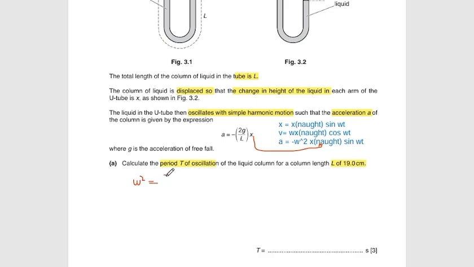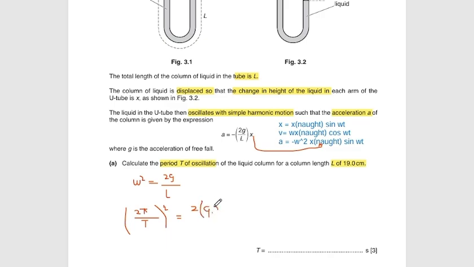So I can say that omega square is equals to 2g over L. Since they want us to find the period T of oscillation, we know omega is 2 pi over T, so you have 2 pi over T whole square equals 2 into 9.81, because you always use 9.81.